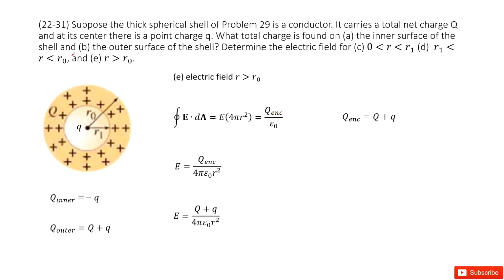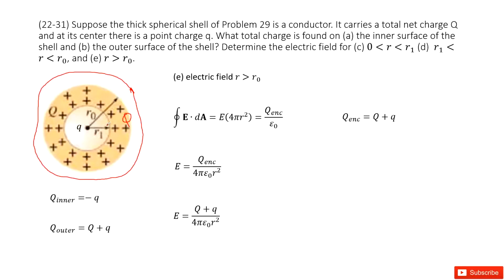The next one, r is larger than R2, so it's there. We draw the Gaussian surface like this one and look at the charge enclosed by it. The point charge q and the charges on the conductor shell, right?